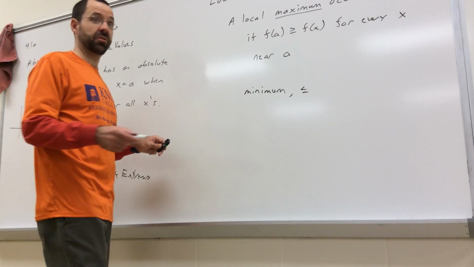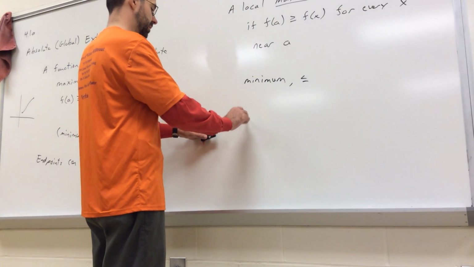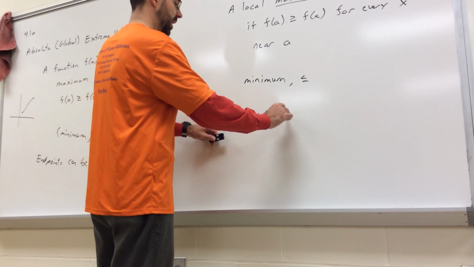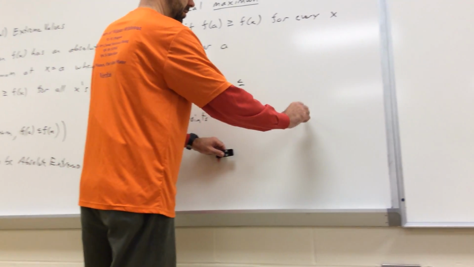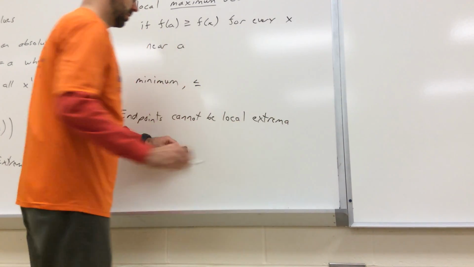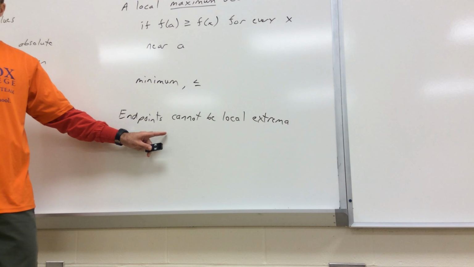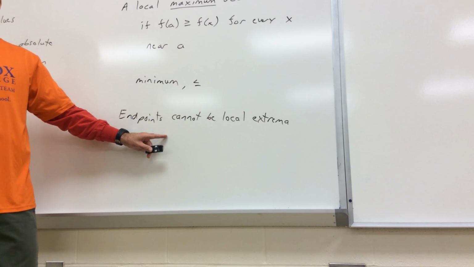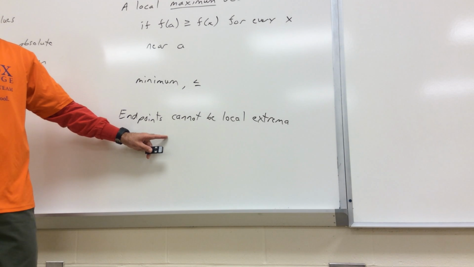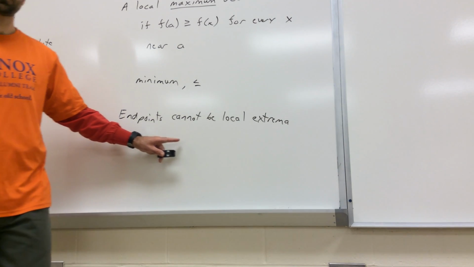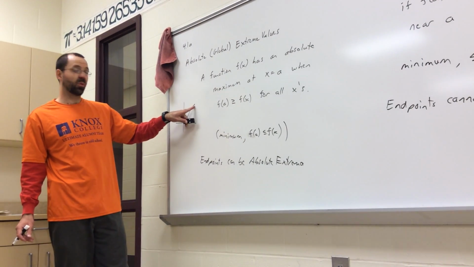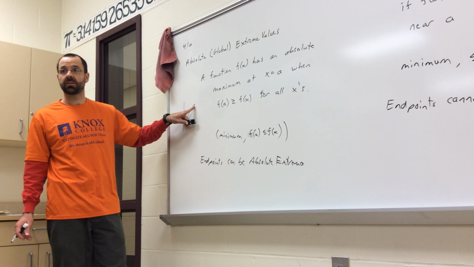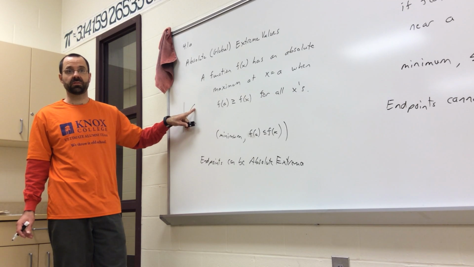Okay, then I also want to make sure you know that endpoints cannot be local extrema. So over here, that point is not a local max because it's an endpoint. It's just absolute.